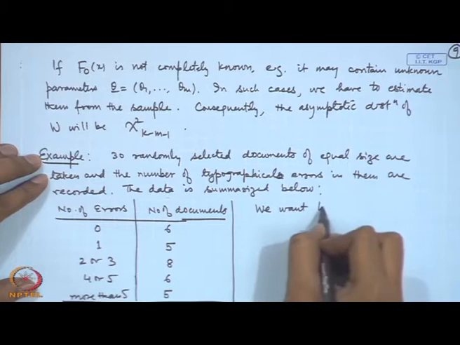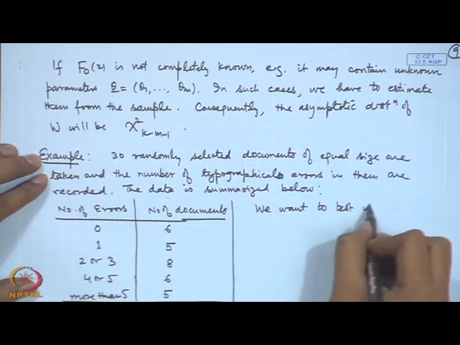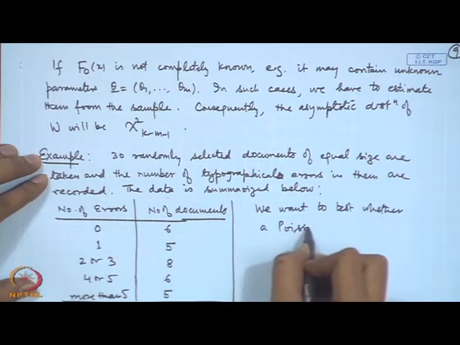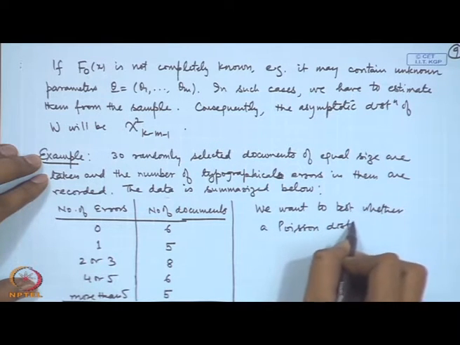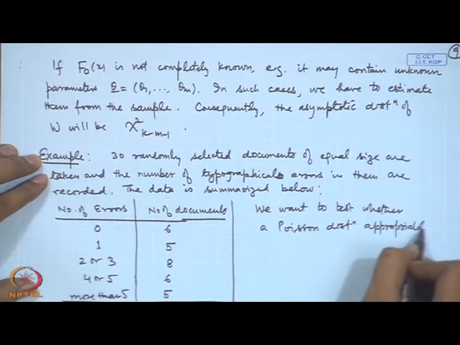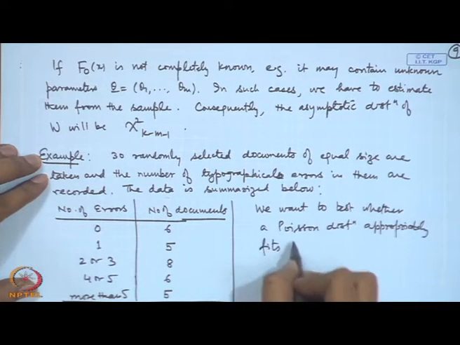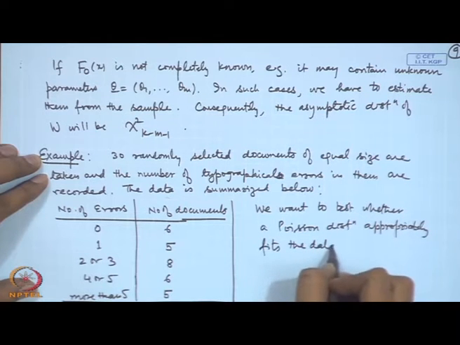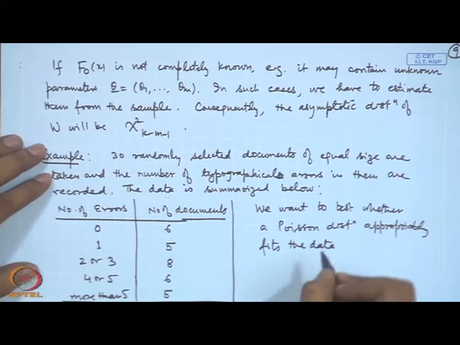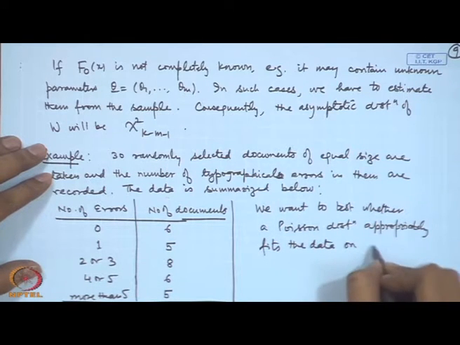We want to test whether a Poisson distribution appropriately fits the data. Because here the errors are counts, the data is on the number of errors.